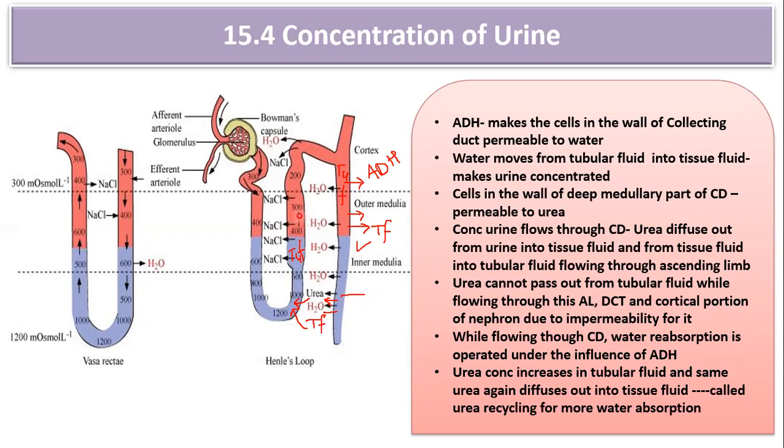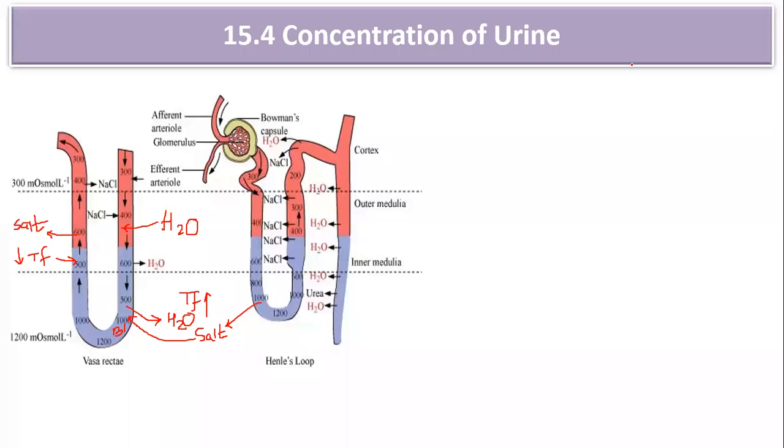While flowing through the collecting duct, again here water reabsorption is operated under the influence of ADH, and the urea concentration in the tubular fluid is going to increase, and some urea is going to diffuse again. This is known as urea recycling, for more reabsorption of water. Understood?